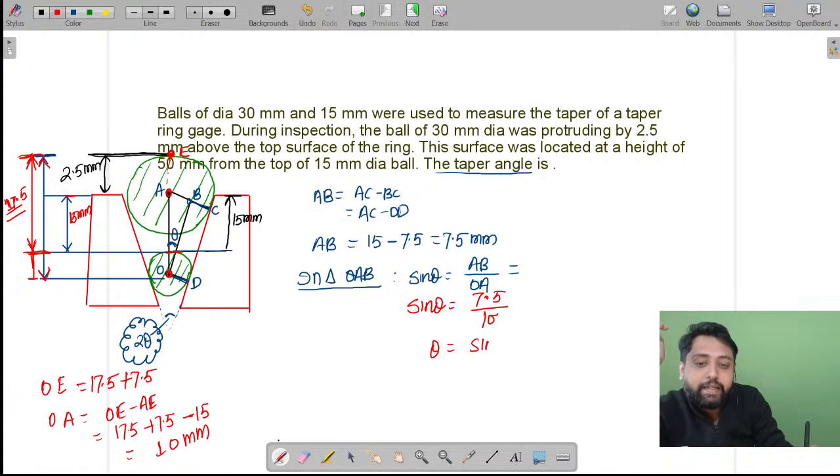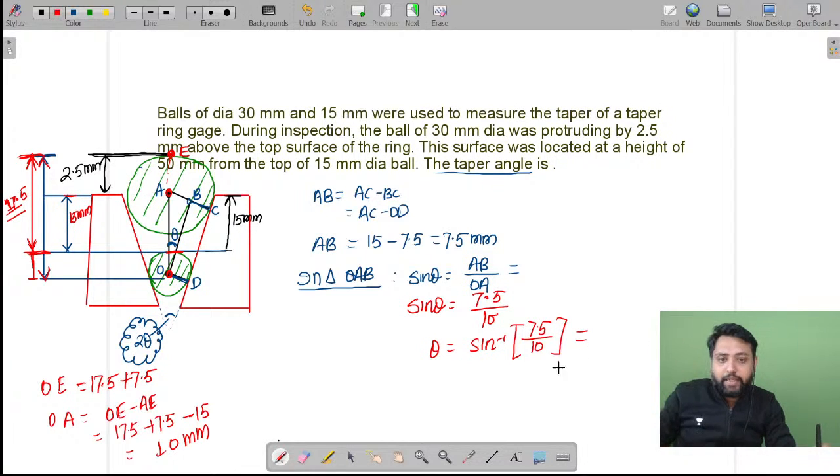Theta will become sine inverse 7.5 upon 10. Can anyone calculate this value and tell me in the chat box? Sine inverse 0.75 value.